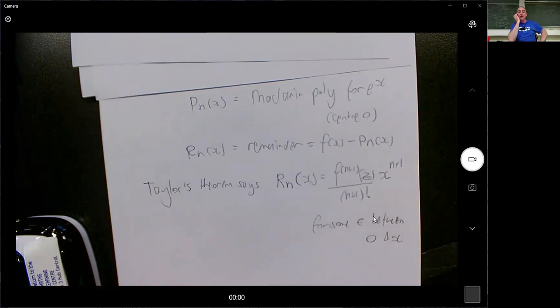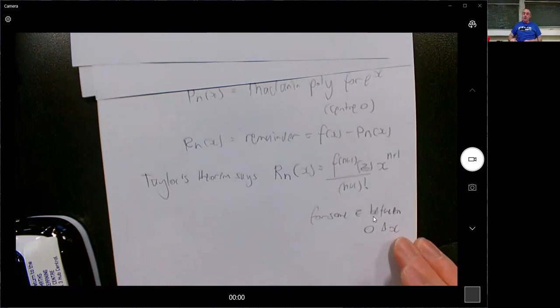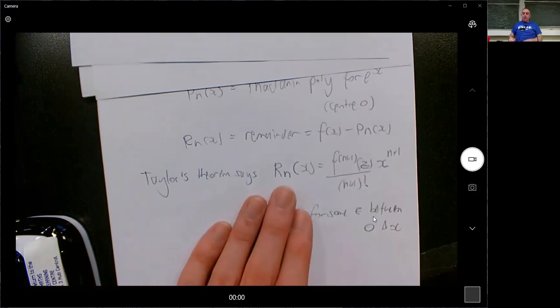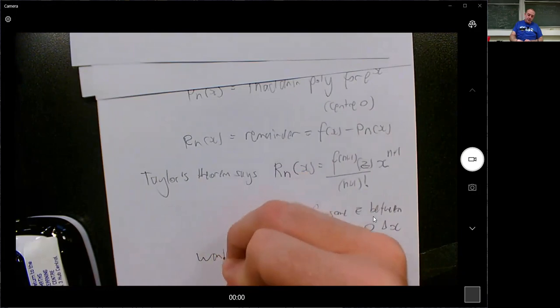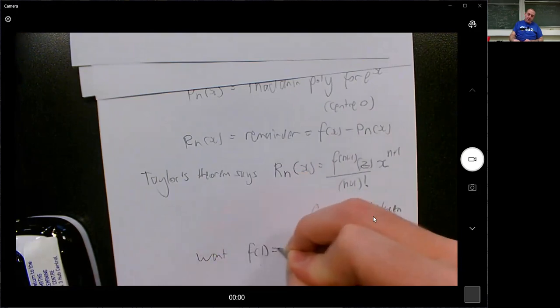And so we would like the error, whether positive or negative, to be less than 0.000005. That's what we've been asked for. So we want the error when x is 1, because we want f of 1, which is e to the 1, which is e.